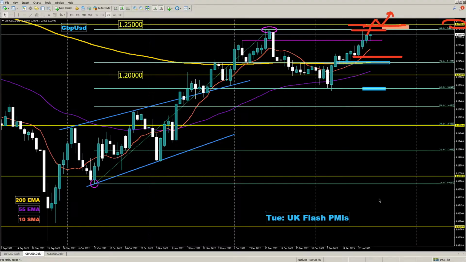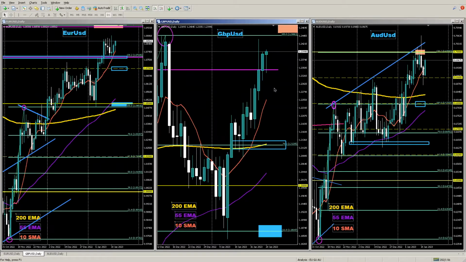And there's also only minor news for the UK, just the flash PMIs. So let's see if there's any strong demand for pound next week. Otherwise, it could just settle down and also consolidate. All right.